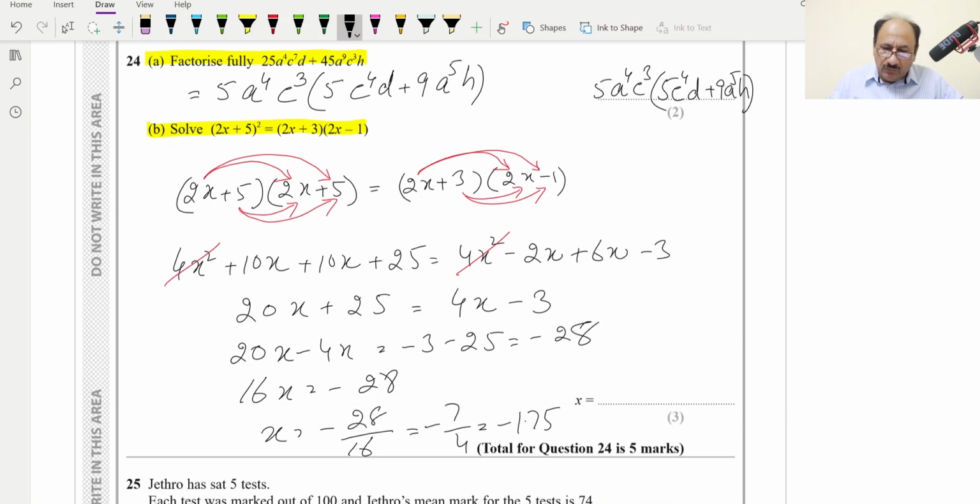So x value will be minus 1.75. This will be the final answer.